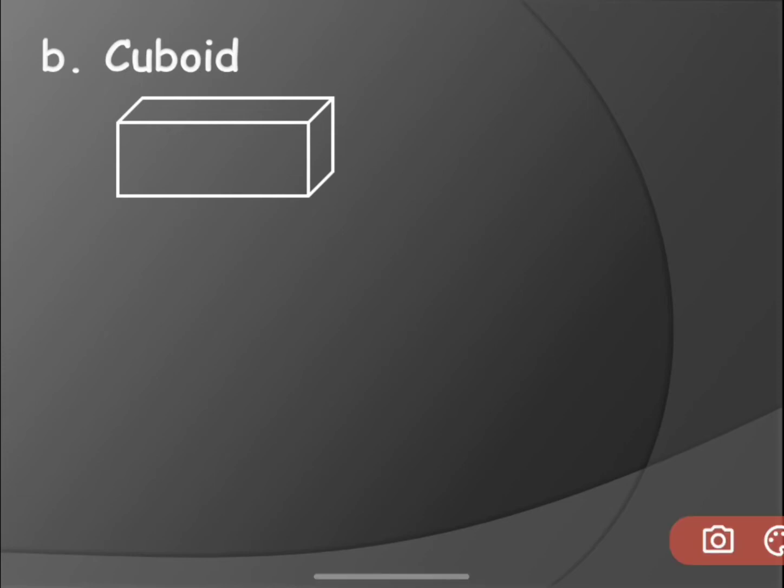If you see from here, children, this looks like a rectangle, isn't it? But here you can see a square. On top you can see a rectangle again. At the back also it will be a rectangle. And if you see from this side, you can see a square. And from the bottom also it becomes a rectangle.